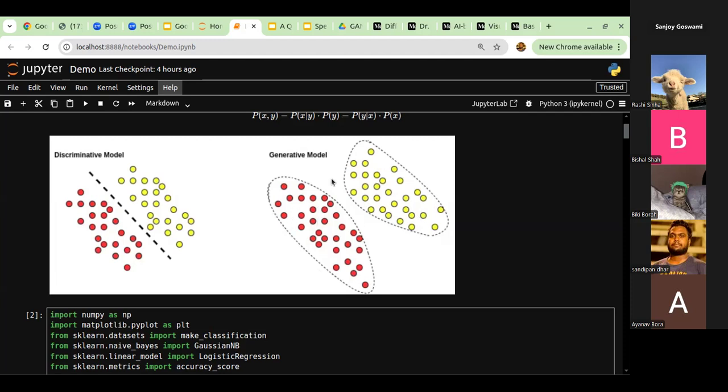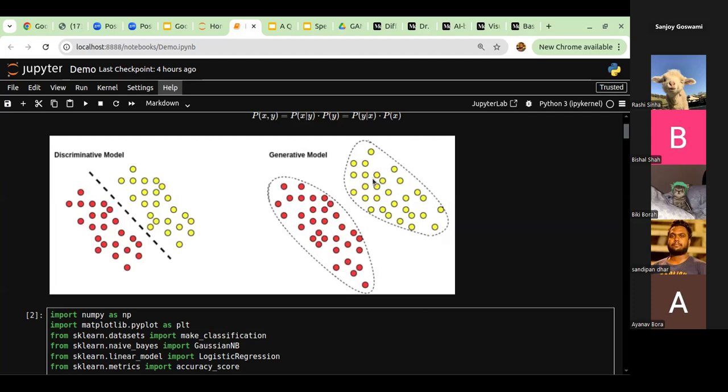The dotted line that I have covered indicates that it is not only learning a decision boundary. Rather, it is learning how these two classes are distinguishable, but in a way you are also learning the distribution of the red and yellow classes.